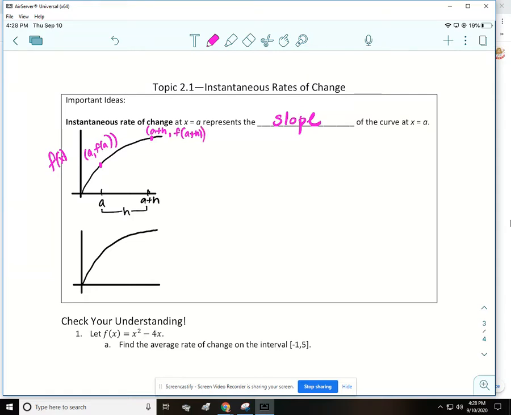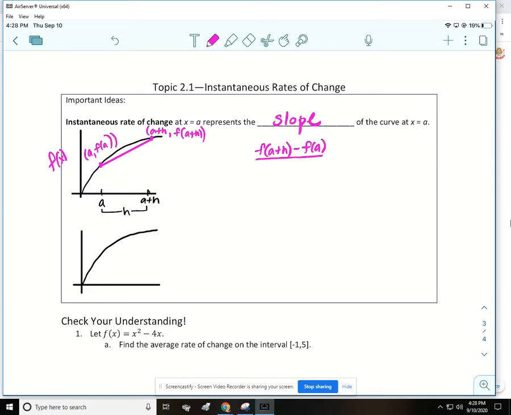All right, and the first thing we're going to do is just find the slope of the line that connects those 2 points. That would be a secant line. Okay, and that's what you guys did a lot yesterday. So if we were just finding the average rate of change, that's going to be f of a plus h minus f of a, so that's subtracting the y coordinates, over, and then we're going to subtract the x coordinates.